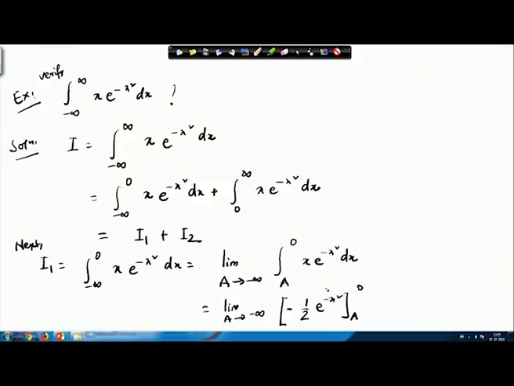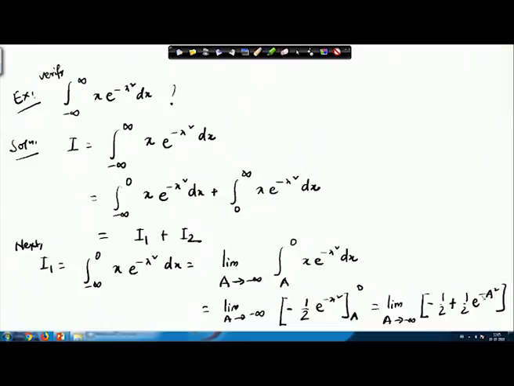If I substitute the limits, this will be the limit a goes to minus infinity of minus half plus half e to the power minus a square.